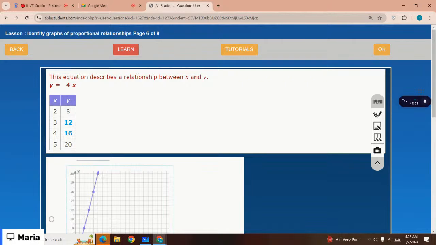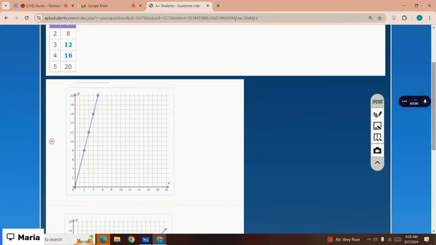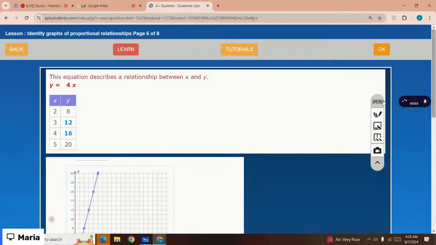The correct option is Y equals 4X. Option number 1 is the correct option, right?